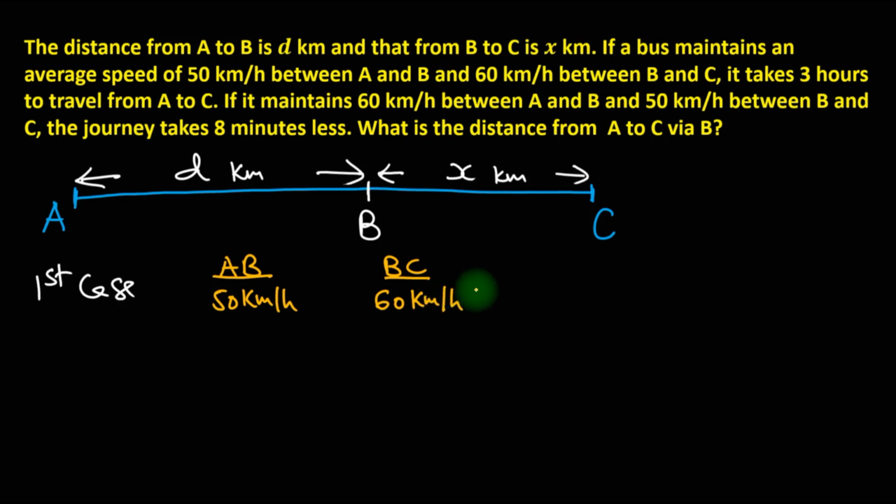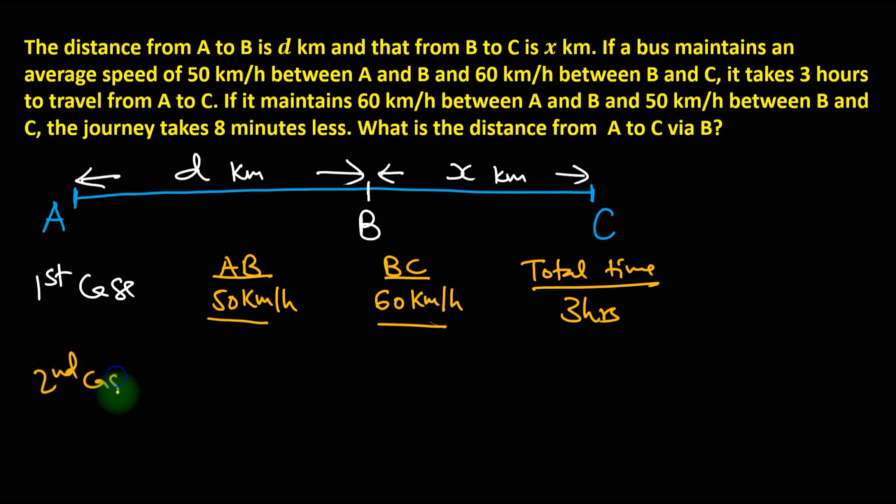That is the first case. So in short, the total time taken from A to C using these speeds is 3 hours.